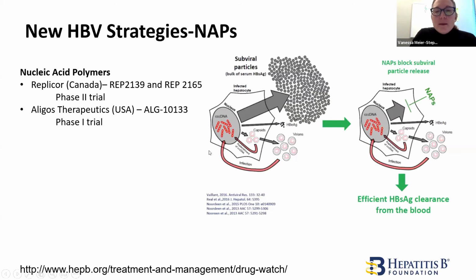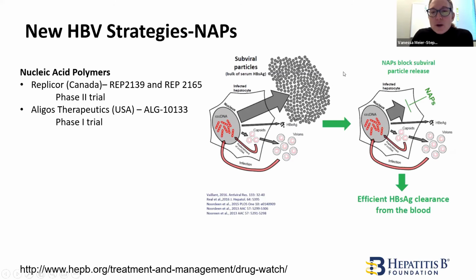Remember how I said the spewing out of surface antigen is one of the things that leads to all of the complications and immune exhaustion. Well, nucleic acid polymers are a modified string of nucleic acids that can prevent the formation of some of those subviral particles and prevent the release of those into the bloodstream.